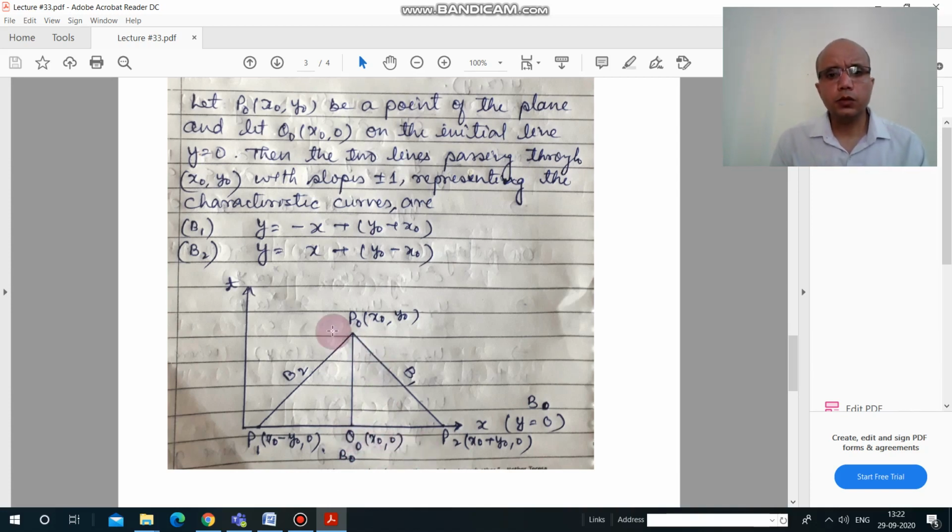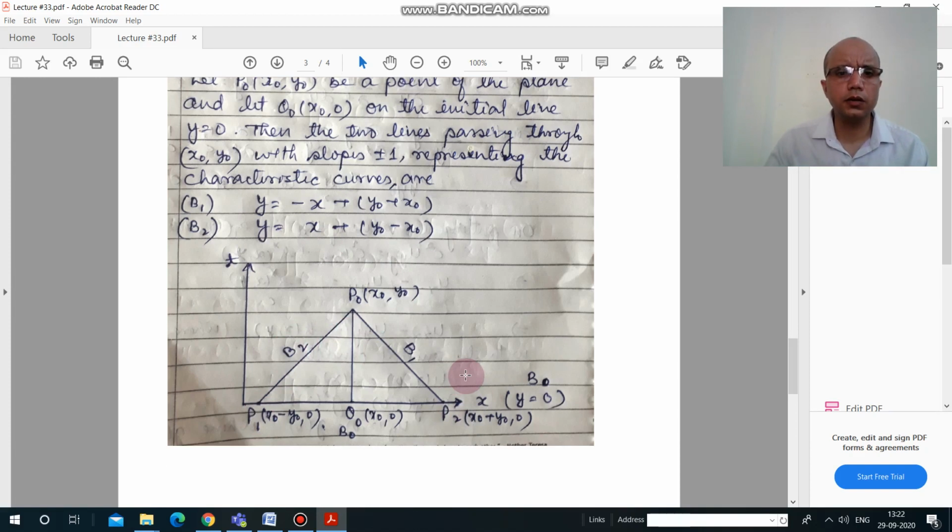Clear? So this line is b1, and this line is b2. Check and verify how we can draw these lines b1 and b2, and try to find the coordinates P1 and P2. Check whether these coordinates are correct or not.